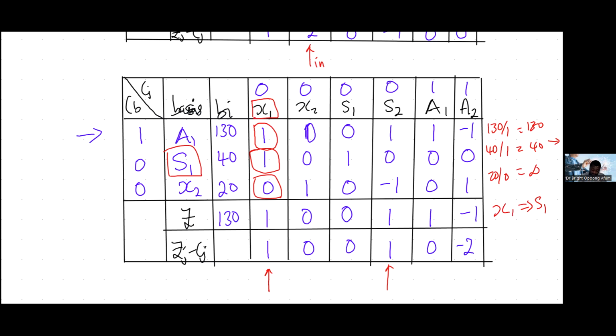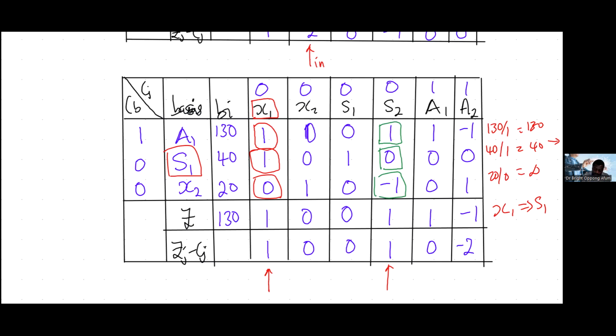So assuming we are to go for this column, in the S2 column, we have 1, 0, -1. So what that means is that we are going to get something like, let's compute this on this side.